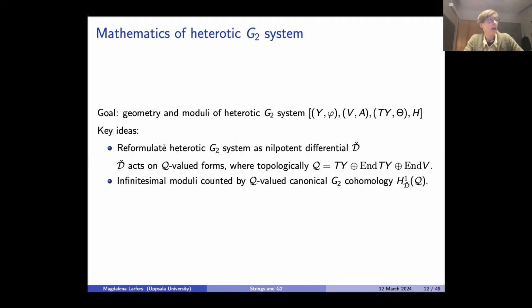The key idea for the analysis is that we will reformulate this heterotic G2 system as a nilpotent differential acting on forms that take values in this bundle Q, which locally can be decomposed into the tangent bundle, the endomorphism bundle over the tangent bundle, and the endomorphism bundle of V. Then I will be able to show that the infinitesimal moduli are counted by a Q-valued canonical G2 cohomology.